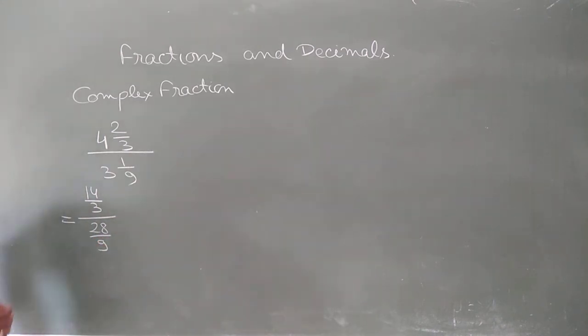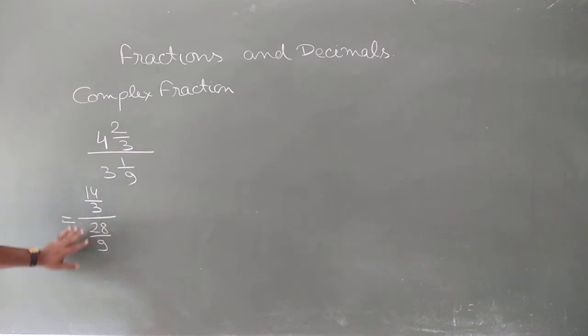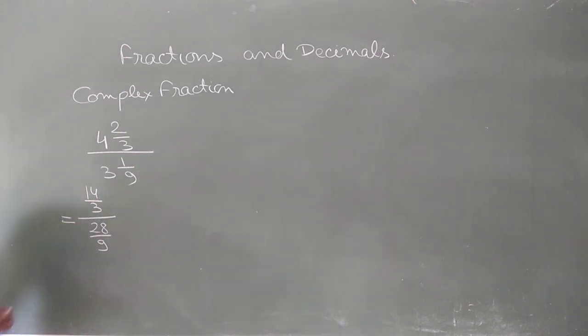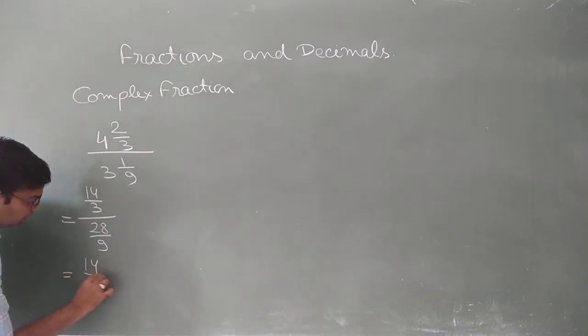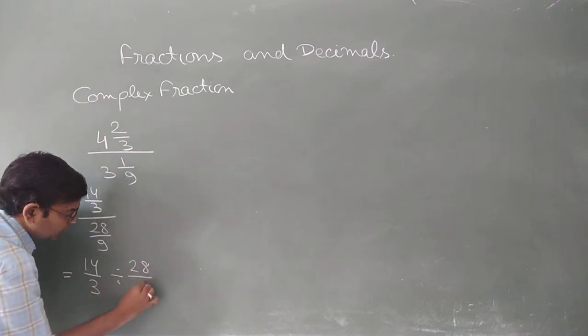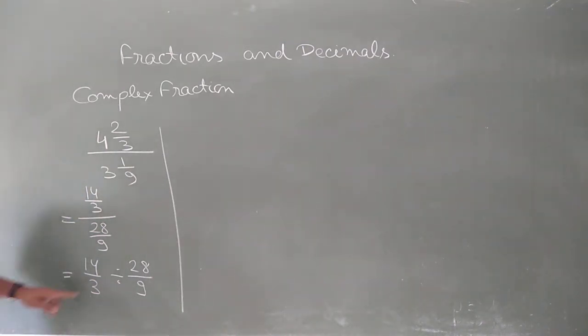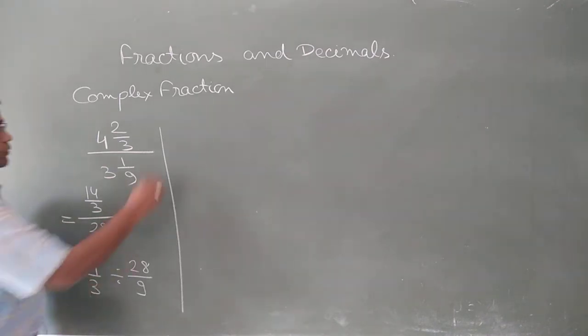Now how do we convert into a simpler fraction? As we know, what does this signify? This divided by this. So we can write this as 14 upon 3 divided by 28 upon 9. Now, as we do the division process discussed just before this topic, see how we solve.